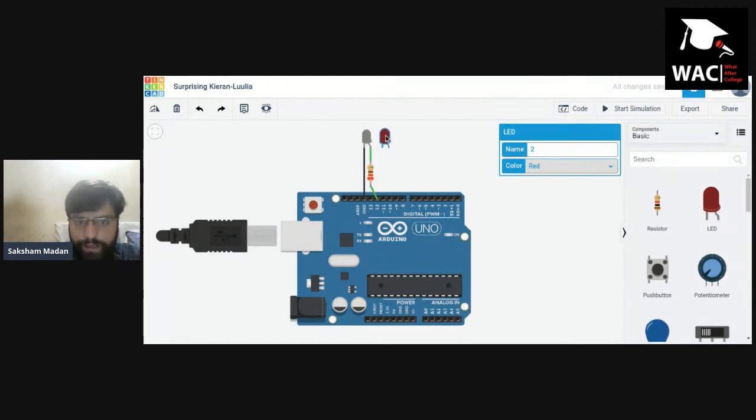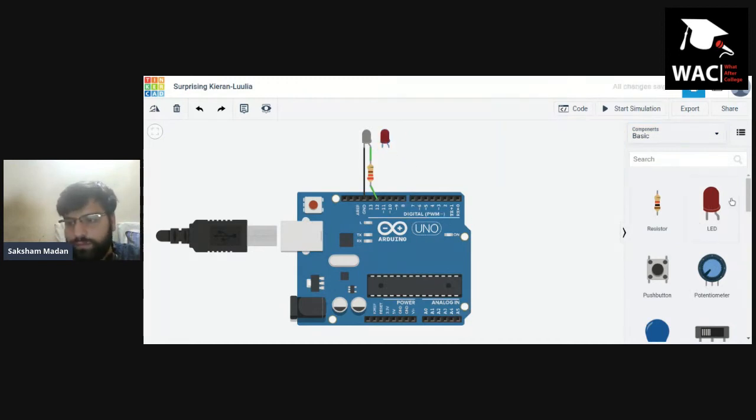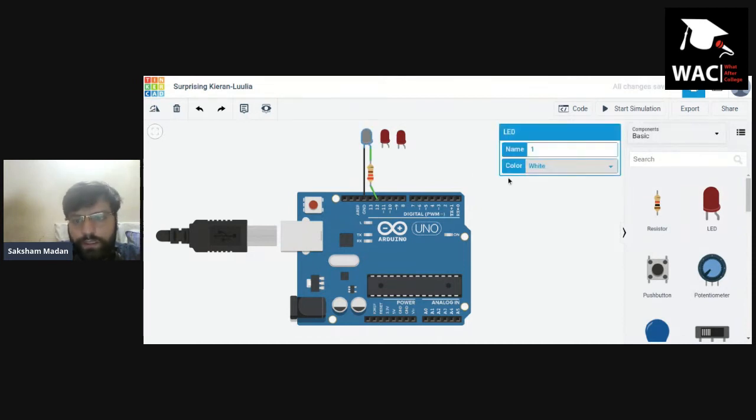Okay, red, and also a green one. Okay, it's red, yellow, green now. So I'm gonna turn it to red, yellow, and a green.